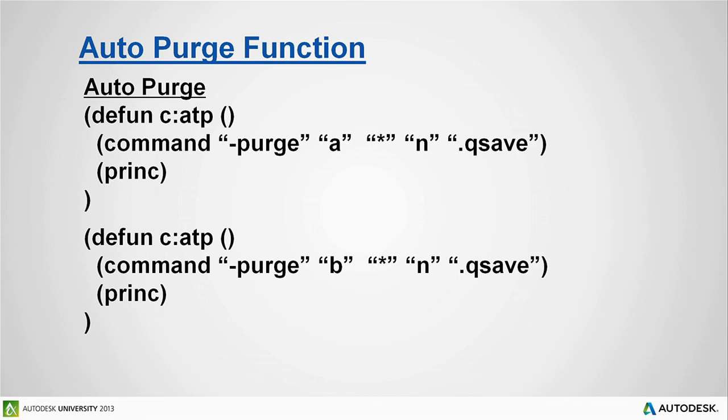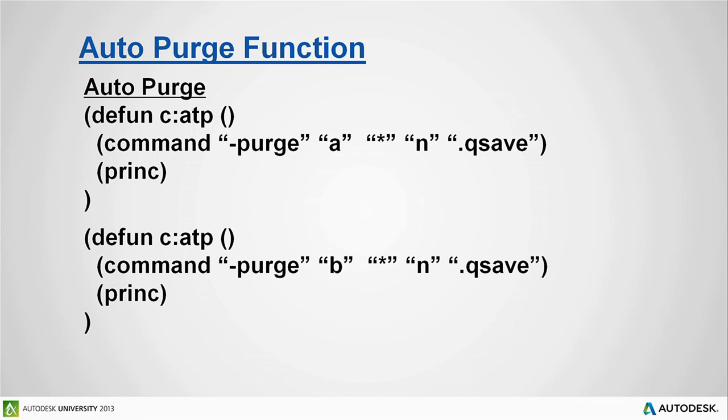Purge says, what would you like to purge? A is for all available data types. It then asks you for a naming criteria, so I replied with a wildcard, or all of them. It then says, would you like to review the objects one by one as they are purged? I reply no, because the title of the function is AutoPurge, not manual purge, right? So I wanted to just rip through this and do it.